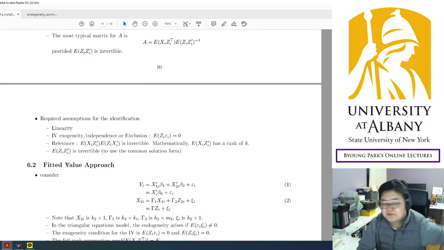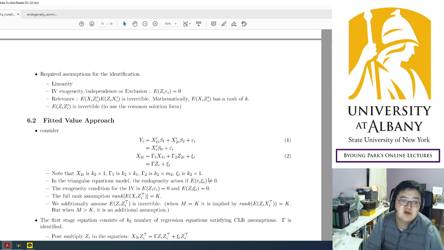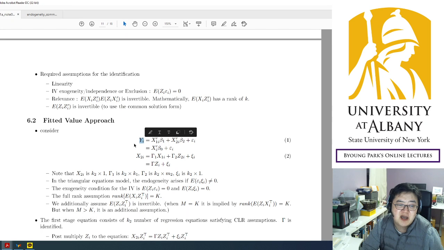And the next topic is the fitted value approach. We discussed the fitted value approach with a scalar variable. We have a triangular equation system where the outcome variable y is determined by x1 and x2. Remember, x1 is exogenous and x2 is endogenous.